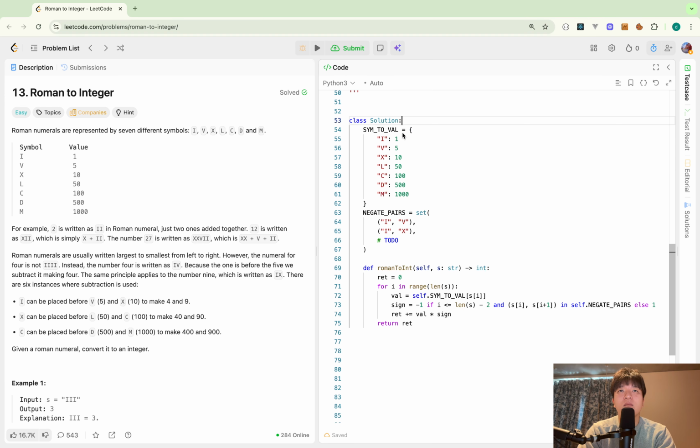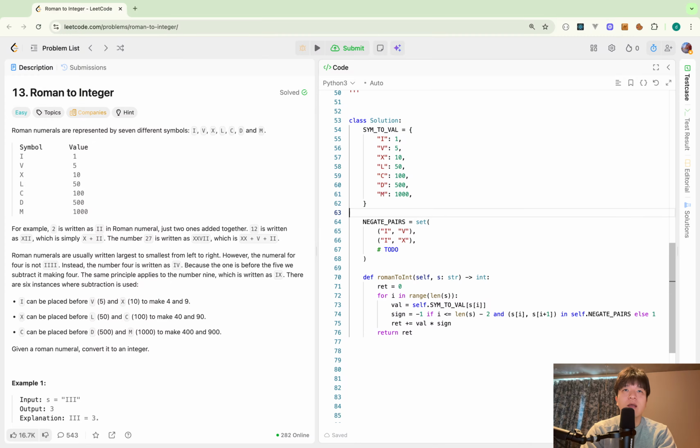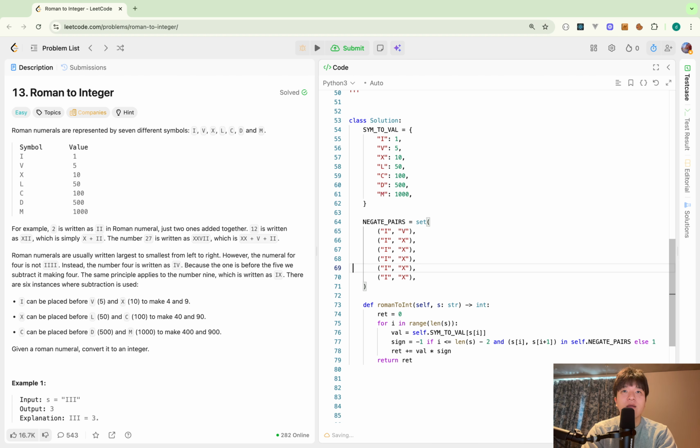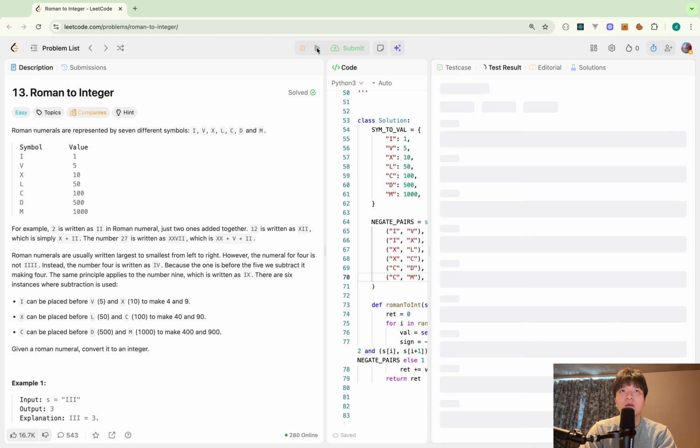Okay, now negate pairs: X, L, and C. And C before D and M. Okay, now let me submit.